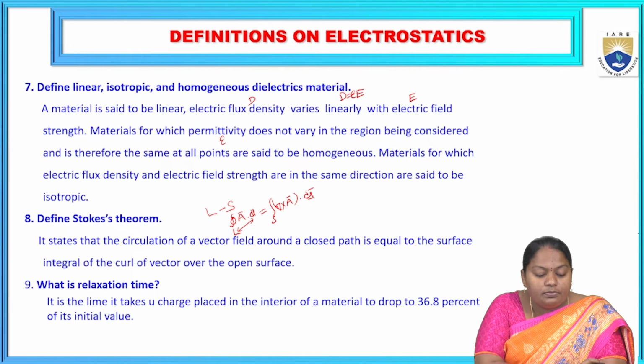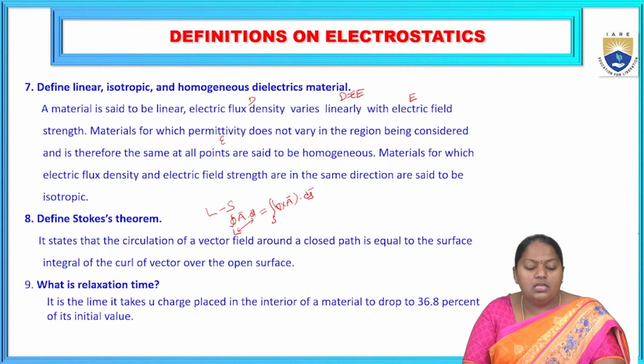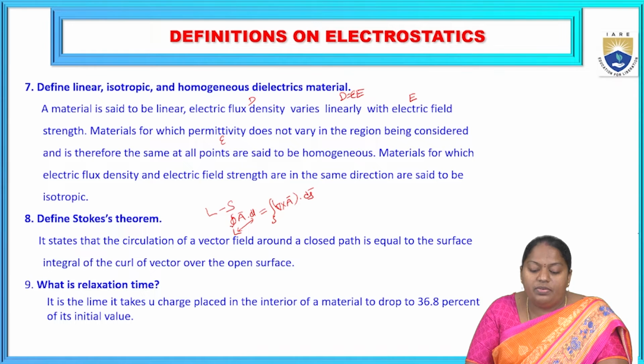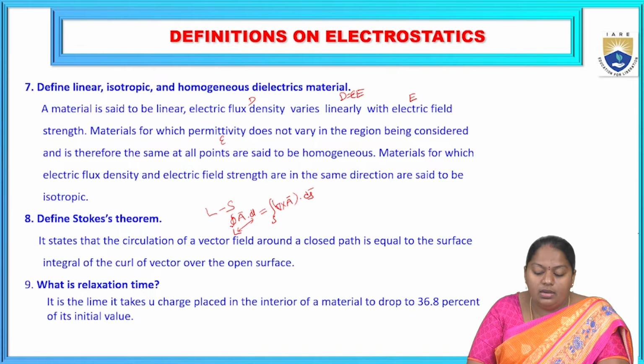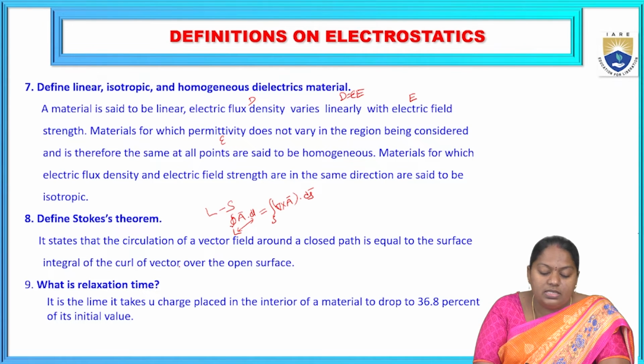So Stokes theorem gives the relationship between line and surface integrals: the closed line integral over L of A dot dl is equal to the surface integral over S of the curl of the vector, del cross A, over the open surface, that is, integral over S of del cross A dot dS.